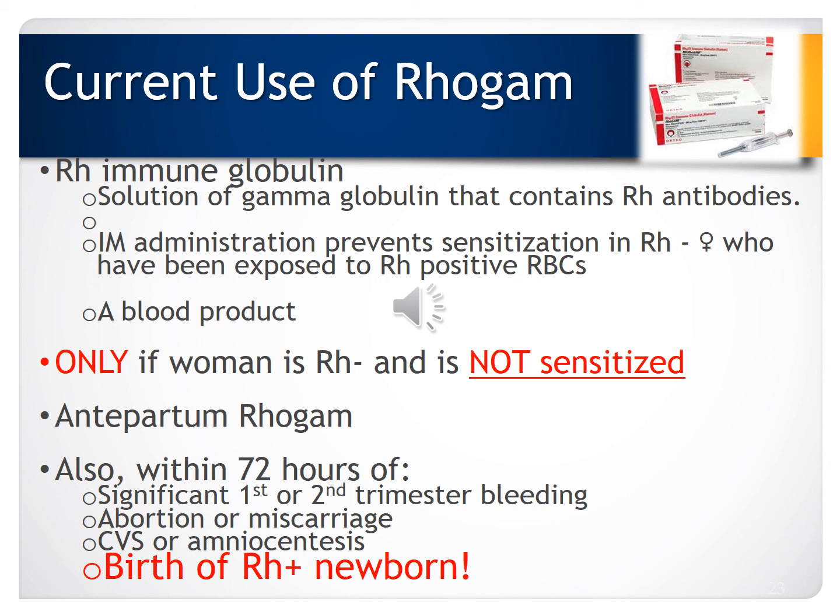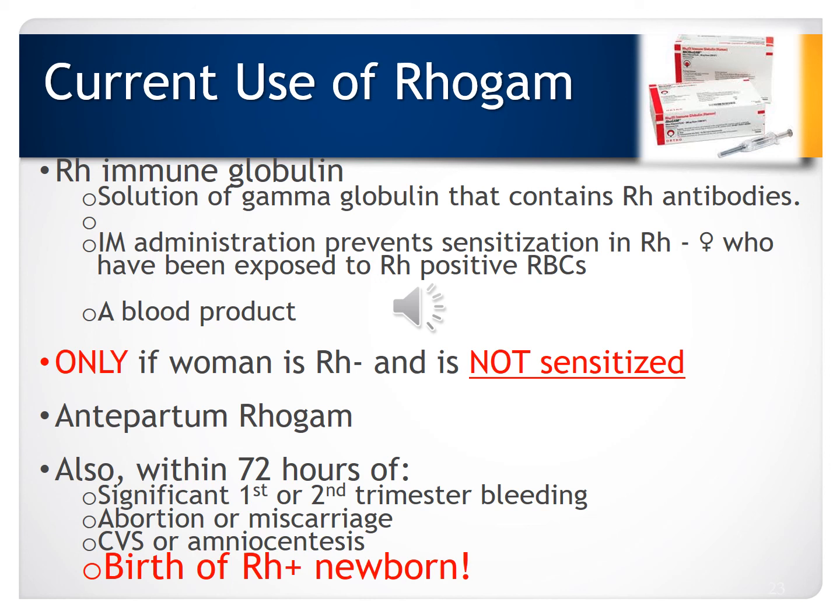And if it comes back negative, then she gets the Rhogam at that time. So between 24 and 28 weeks, when she's doing her screening for gestational diabetes, we also do another check, especially for women who are Rh negative. And if she comes back showing no antibodies, then she gets Rhogam prenatally.